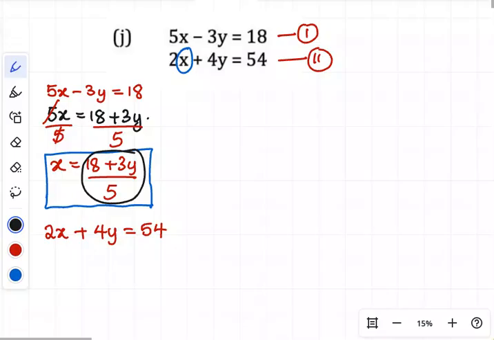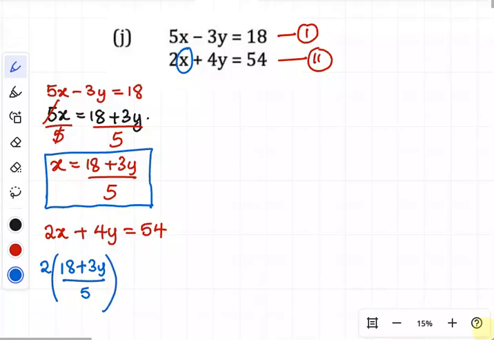So here becomes 2, then I'll open a bracket because the expression of x is in fraction, so here you have 18 plus 3y over 5, then close bracket. You can see I've replaced this x with the expression in the bracket.